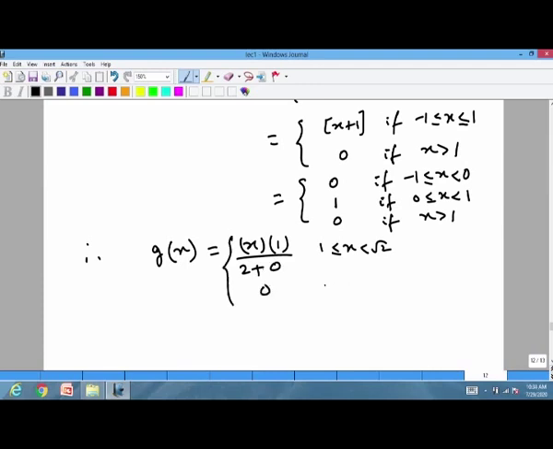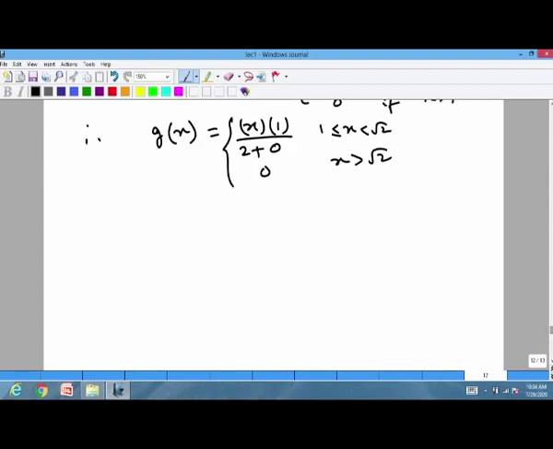And this is 0 if x is bigger than root 2. So, g of x is equal to x by 2 if 1 is less than or equal to x less than root 2, and 0 otherwise.